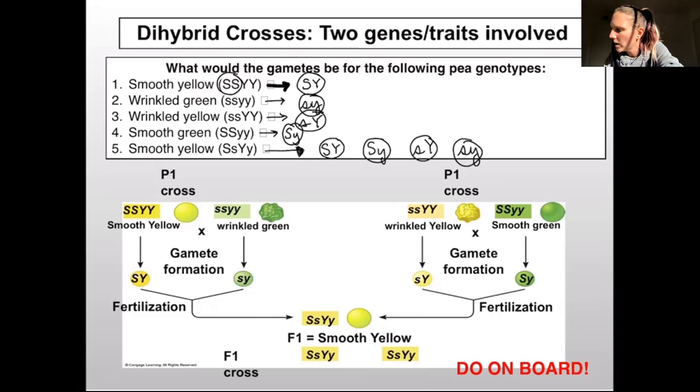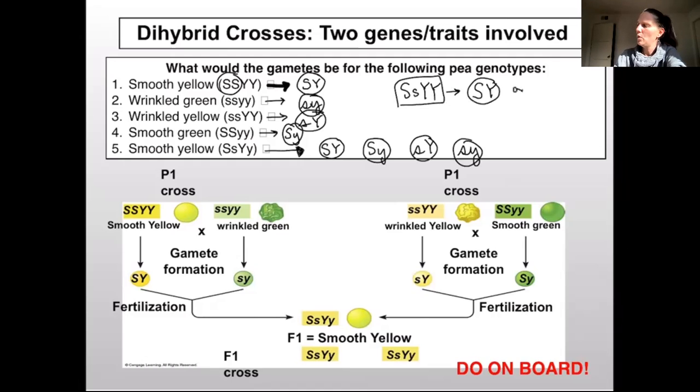Let me give you one more. What if the genotype was this? What are the gametes that can be produced? You can give a big S and a big Y, or you can give a little s and a big Y, right?